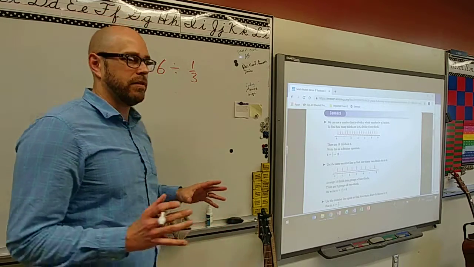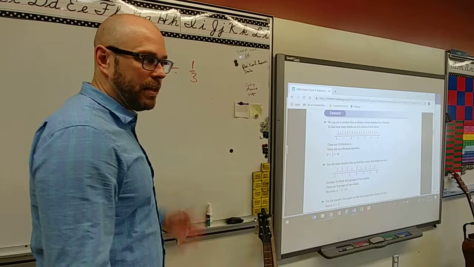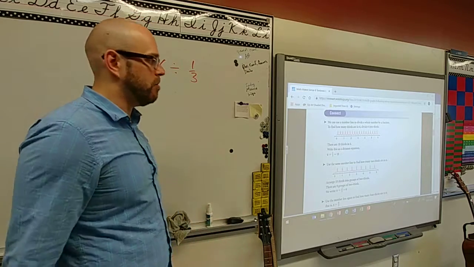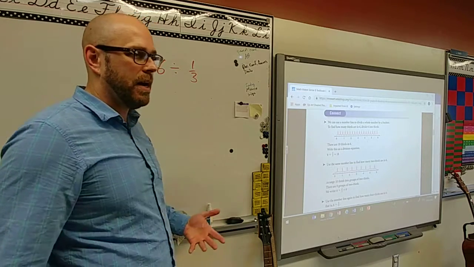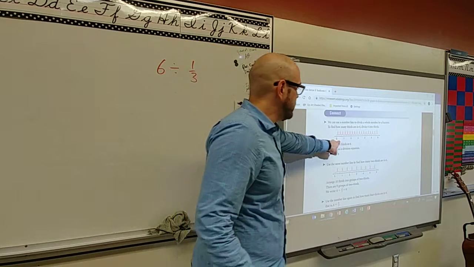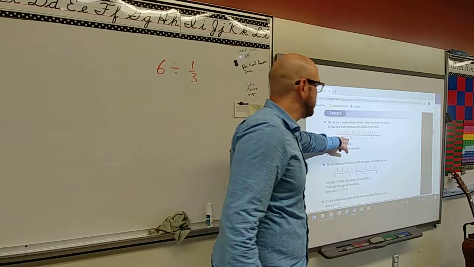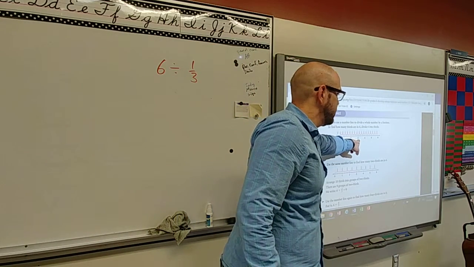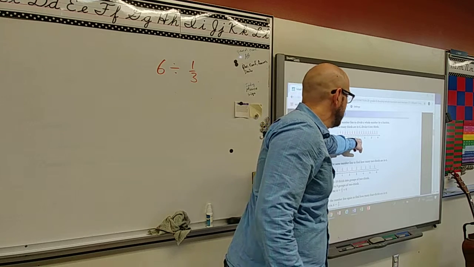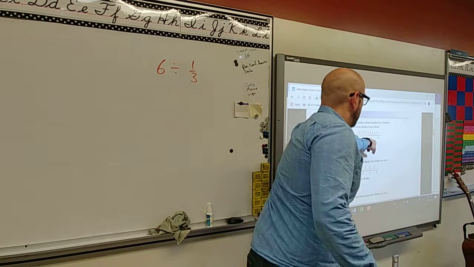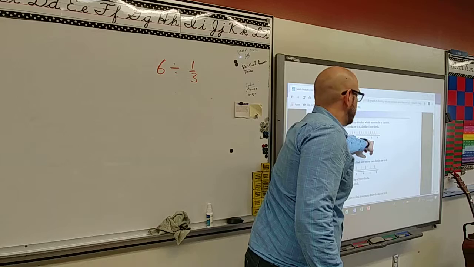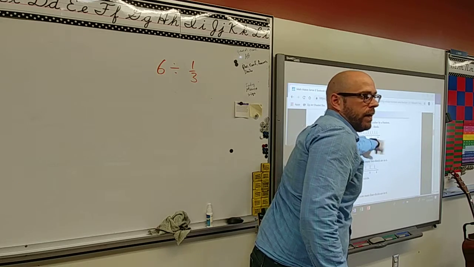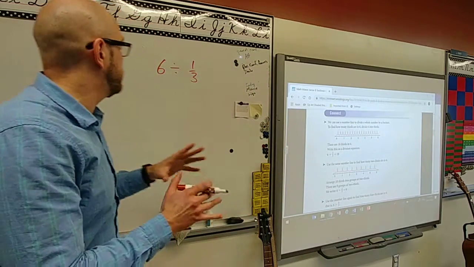Maybe I'm feeding a football team. How many thirds am I getting out of 6 whole pizzas? They start cutting them up, and they go, I've got 1, 2, 3 thirds in the first one. 1, 2, 3 thirds. 1, 2, 3 thirds. Now I'm at 3 pizzas, 9 thirds. 12 thirds. 15 thirds. 18. Okay, so let's check with what we know already.